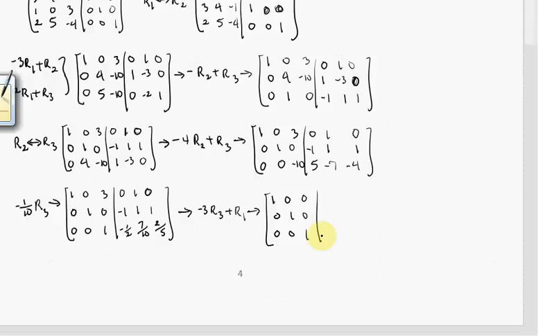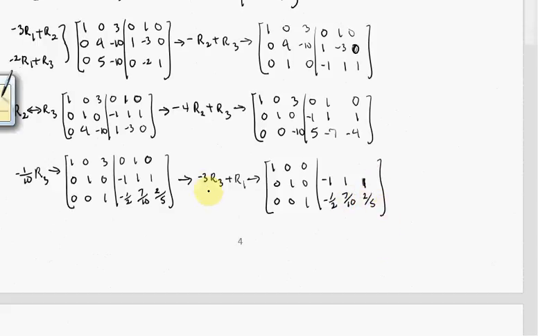Rows 2 and 3 stay the same. All right, so here we say negative 3 times negative 1/2, which is 3/2, plus 0, we get 3/2.